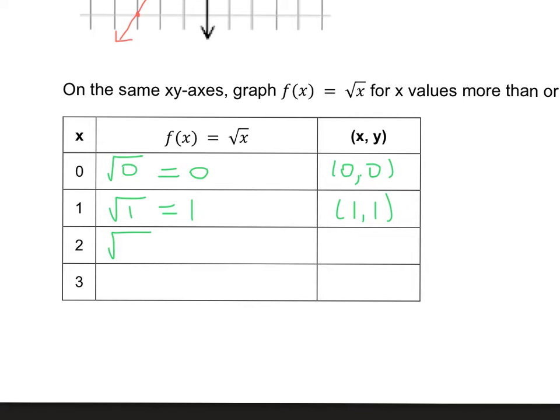Plug in the square root of... Okay, so here I'm going to cheat. I'm not going to actually use 2. I think we should use 4, right? So if x is 4, that's going to simplify nicely to 2, so we can have the point (4, 2). Okay, and that actually is enough.